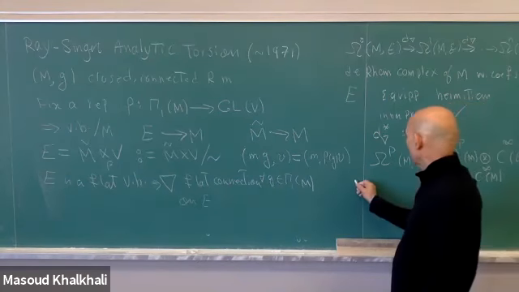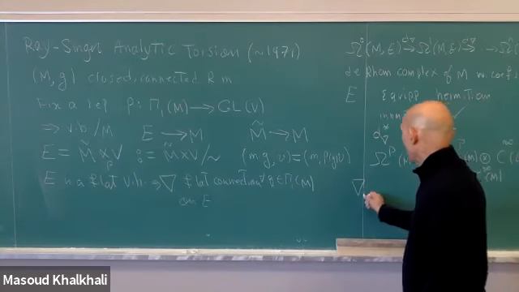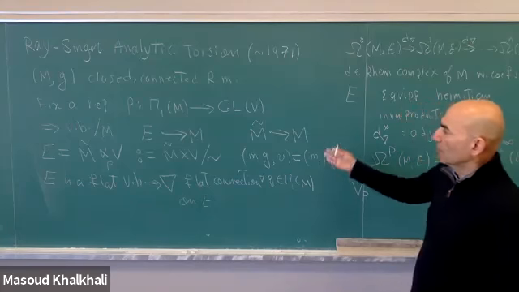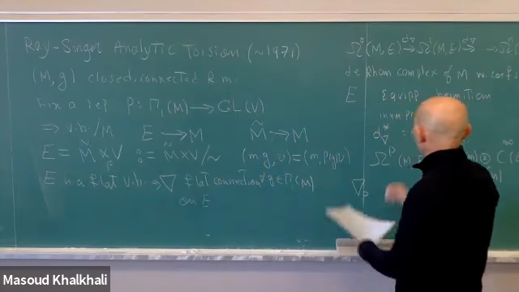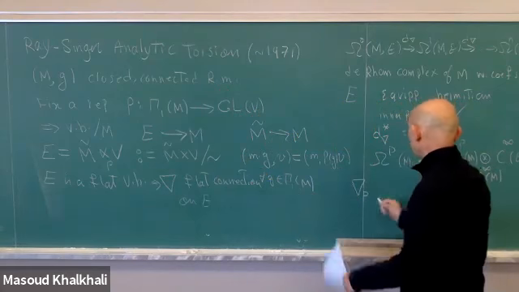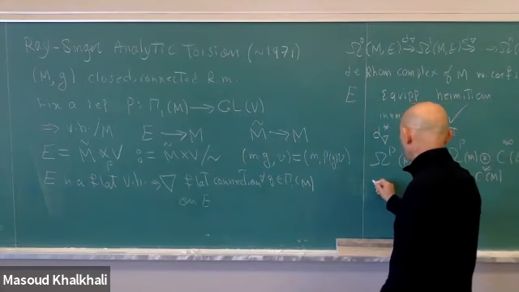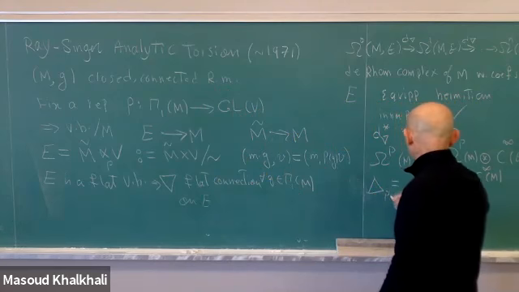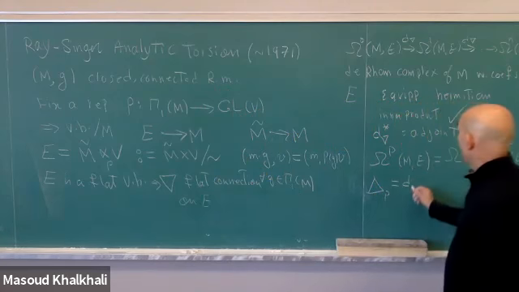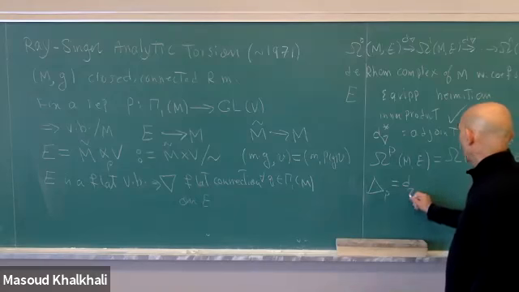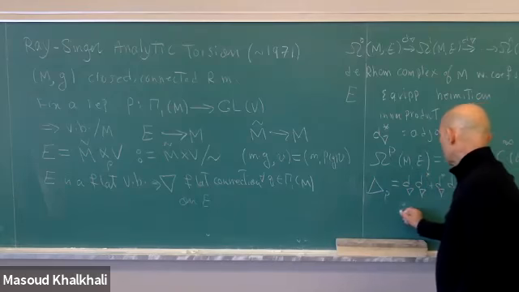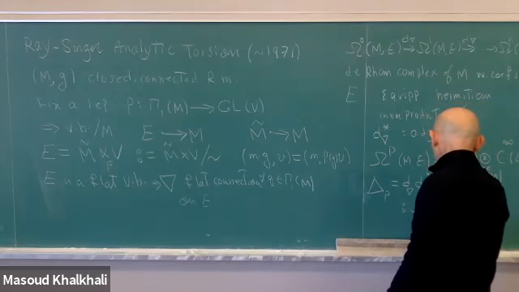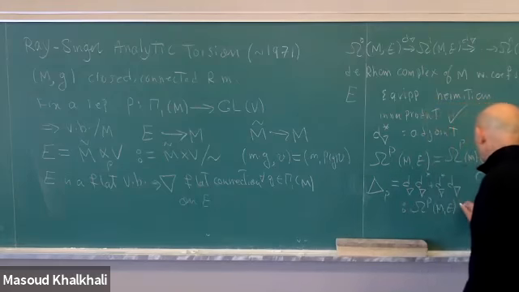So then we can define the Laplacian. Now everything, of course, depends on this rho and on the metric on the base manifold and all this, but let me define it like this: the Laplacian to be d nabla d nabla star plus d nabla star d nabla, so this goes from omega p of M, E to itself.